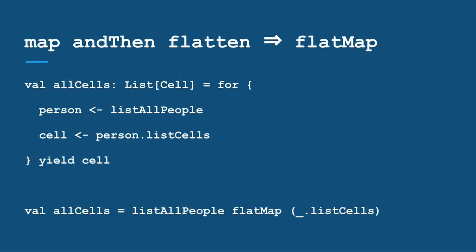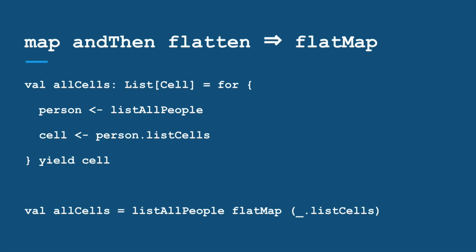Like take all the people in the world and, for each person, list all of the person's cells. We don't have those lists yet, but maybe sometime in the future. This way we'll produce a list of all cells of all humans. And the operation is behind the scenes.